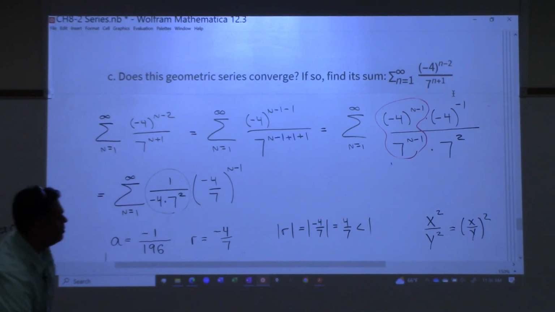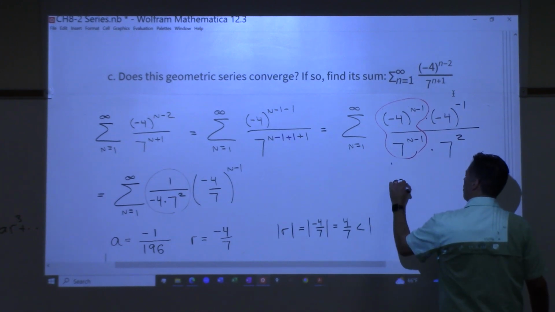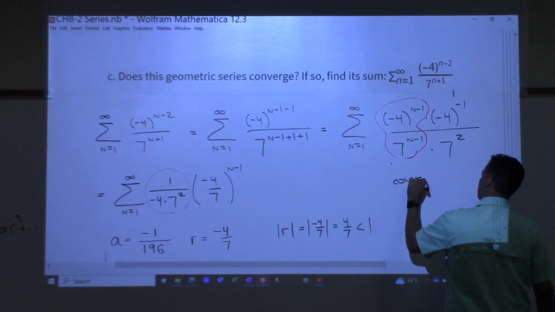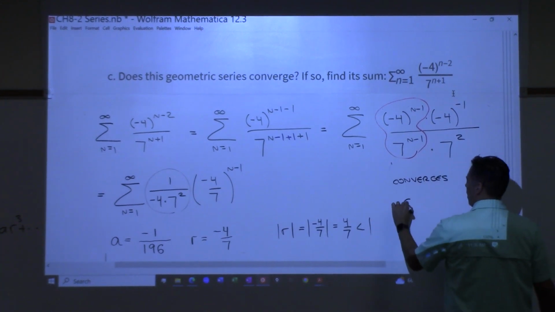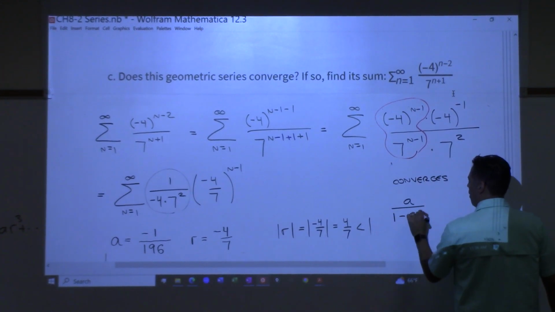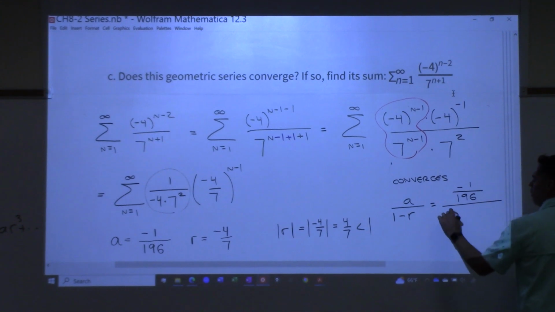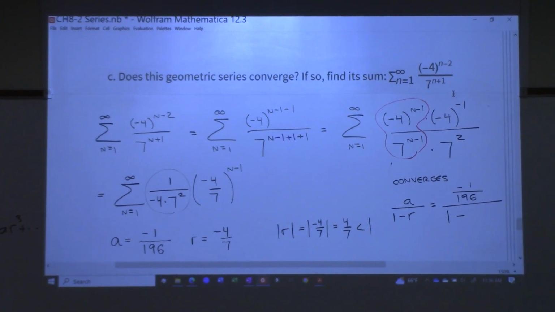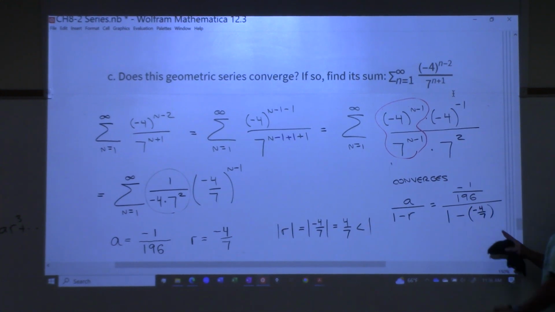Okay, so it converges, yes? What does it converge to? So it converges to A over 1 minus R, right? A over 1 minus R, which for us would be A, which is nasty, negative 1 over 196 over 1 minus, careful here, 1 minus R. What was R? Negative 4 over 7, right? That double negative is important because it's become an addition.